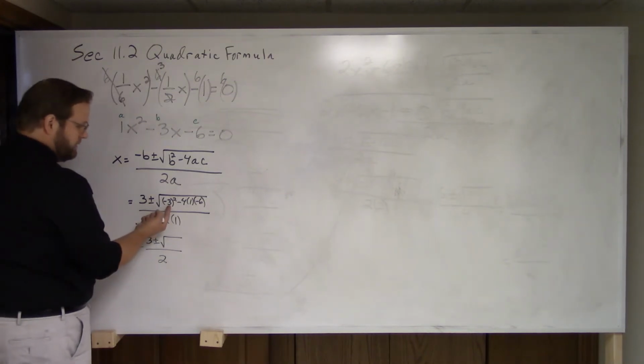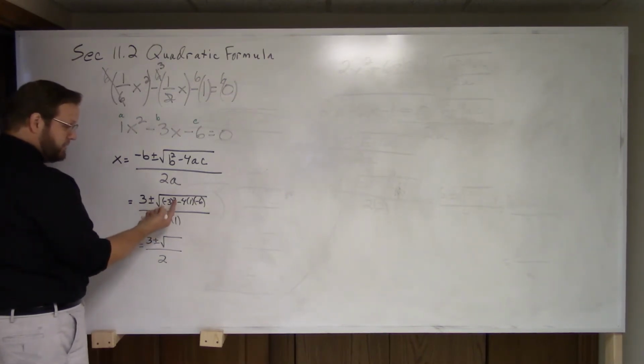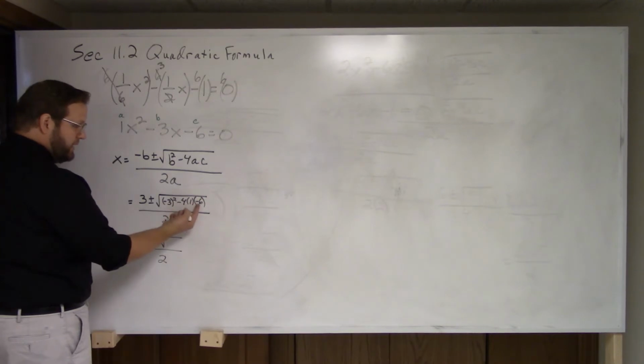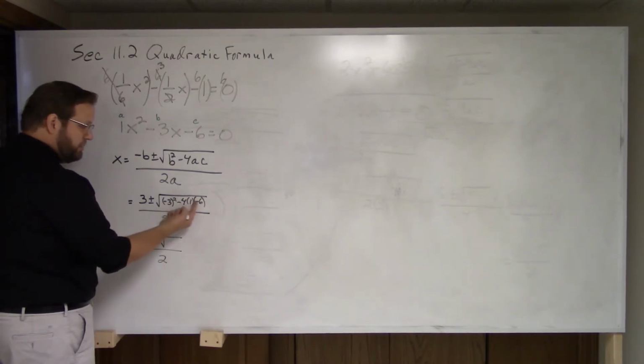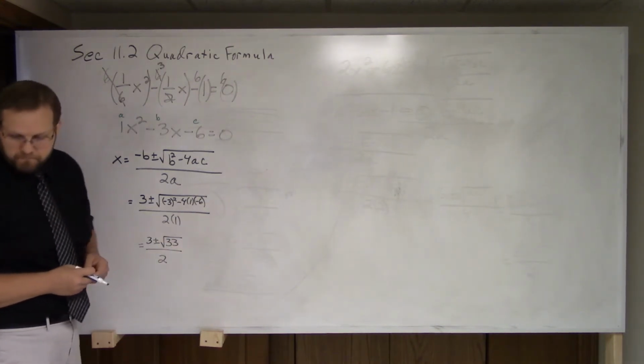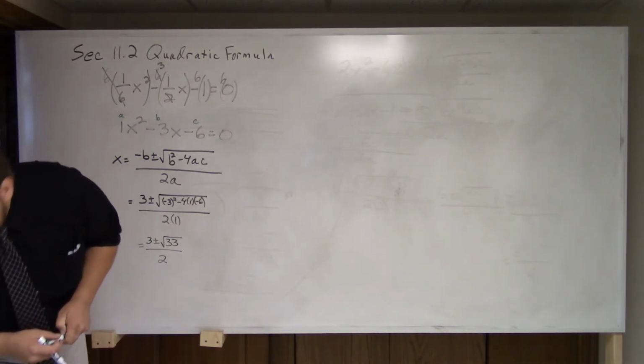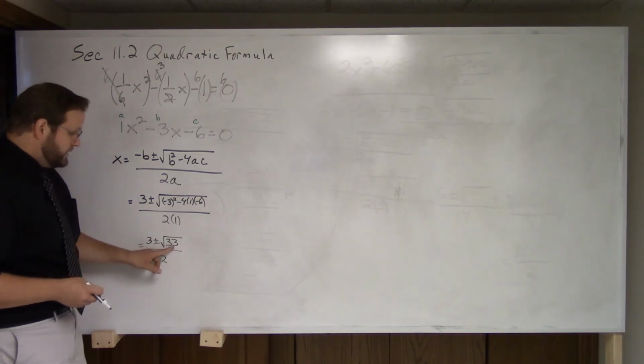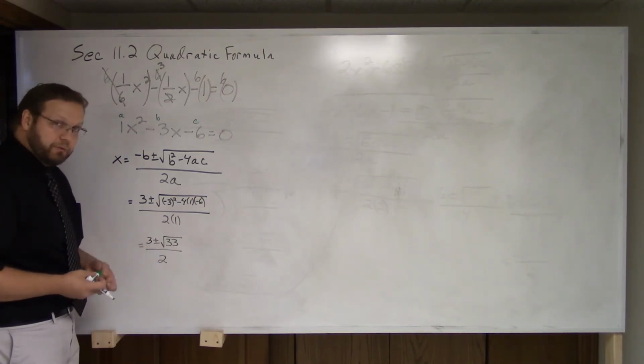So we get 9, because -3 squared is 9. Again, 2 negatives would make it a positive, so this is really going to be a plus. 4 times 1 is 4, times 6 is 24. So 9 plus 24 is 33. Okay? And now, always look at this radical and think, can I reduce that?